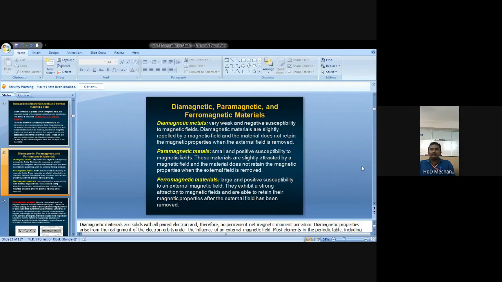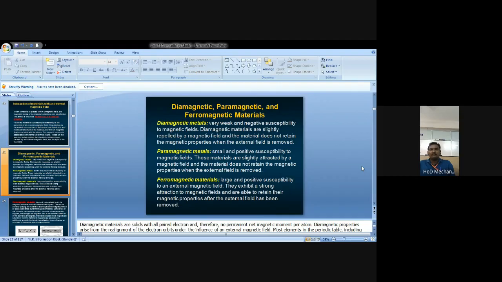So these types of ferromagnetic material retain their magnetic property after the external magnetic field, that means the permanent magnet, is removed.